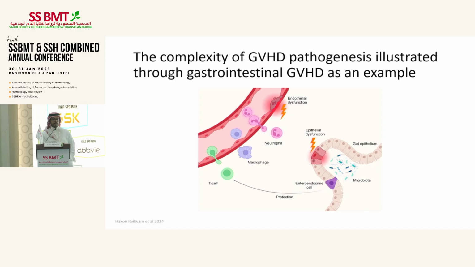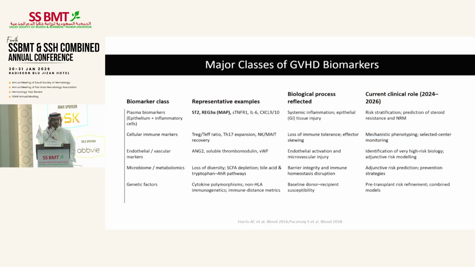So acute or chronic GVHD are usually risk factors for development of post-transplant TMA, because endothelial dysfunction is usually a late manifestation of acute GVHD. And lastly will be the microbiome disruption, which would be the last part in the biology of GVHD.